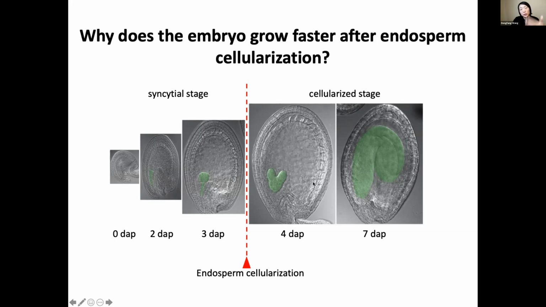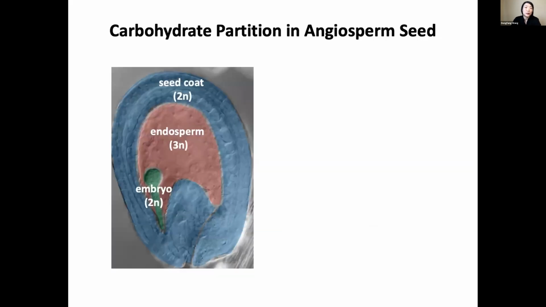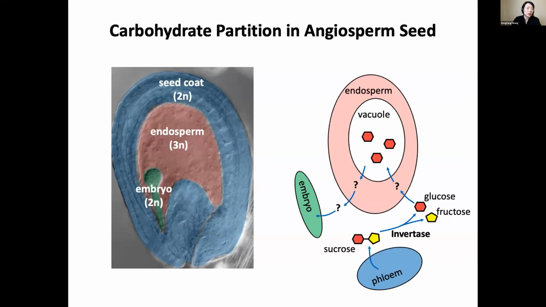So we decided to approach this problem from the point of nutrient supply. Seed development relies on the maternal plant for nutrient support. The carbohydrate comes in through the vascular structure called the phloem in the form of sucrose, a disaccharide. It's deposited right here in the chalazal region.